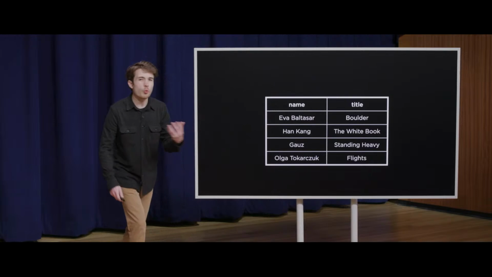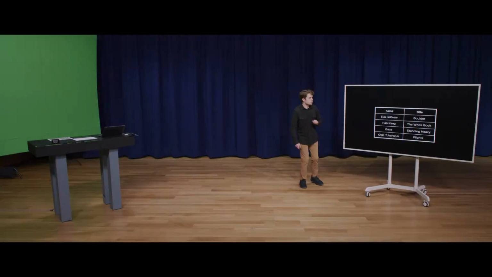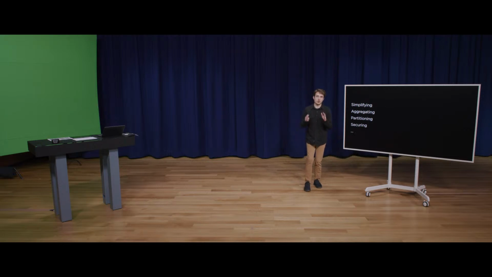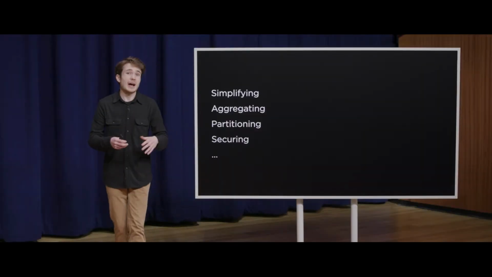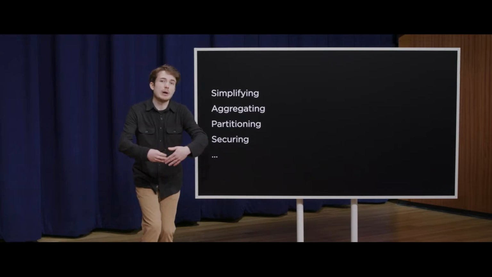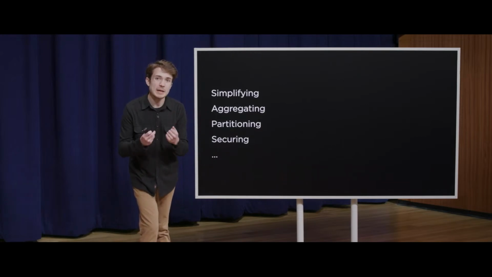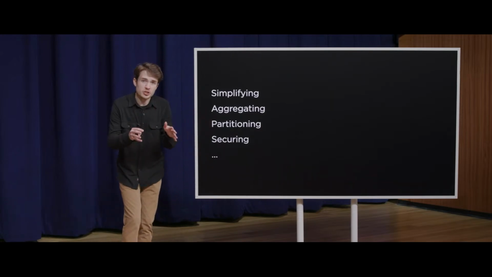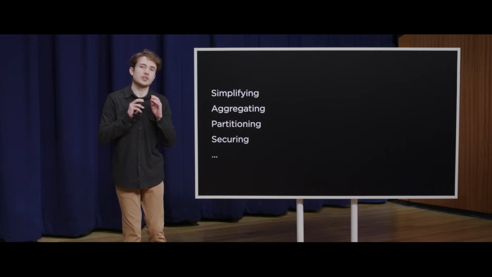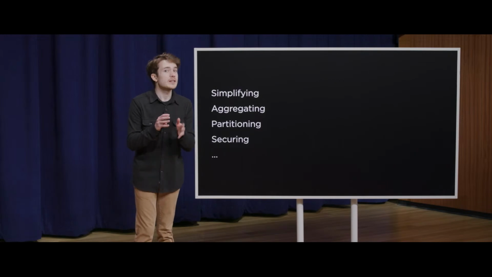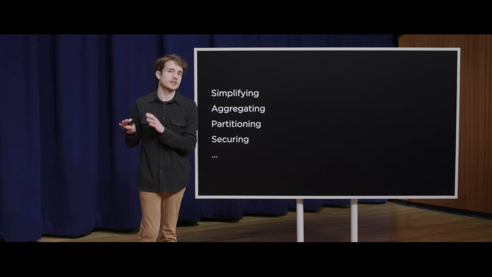Now, why might you want to build a view? Well, you might want to do it for a few reasons here. You could use it to simplify your data, as we just saw here. You could use it to aggregate your data, to try to sum up some values and store that in a single table. You could use it to partition your data or divide it into logical pieces, and you could even use it to secure your data, to perhaps hide some columns you don't want somebody to see.